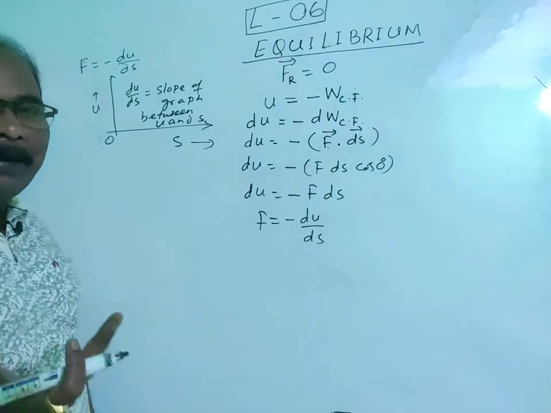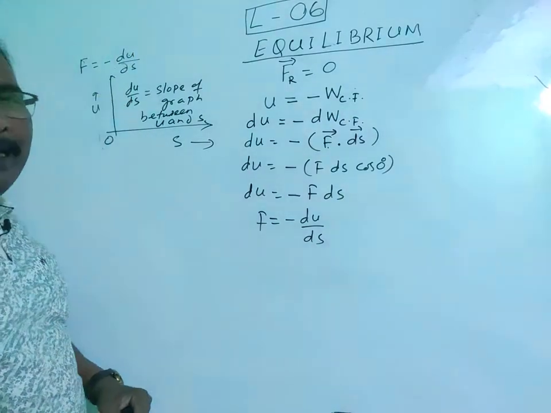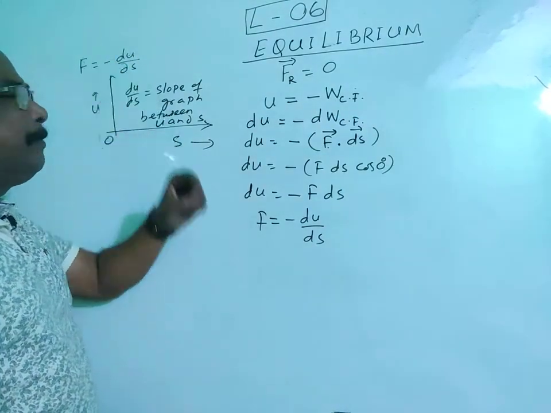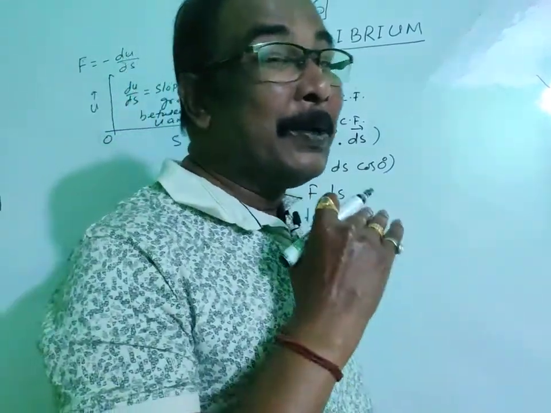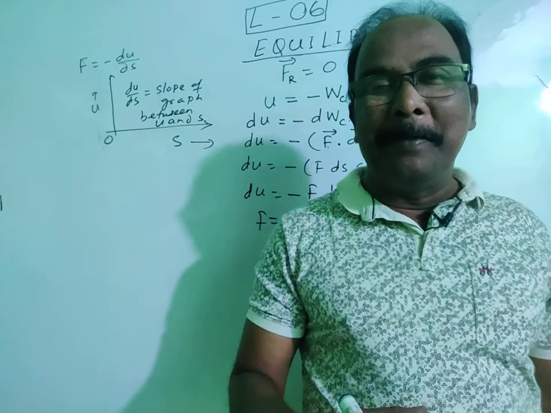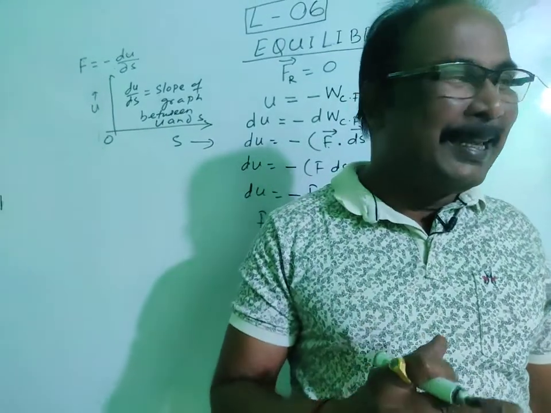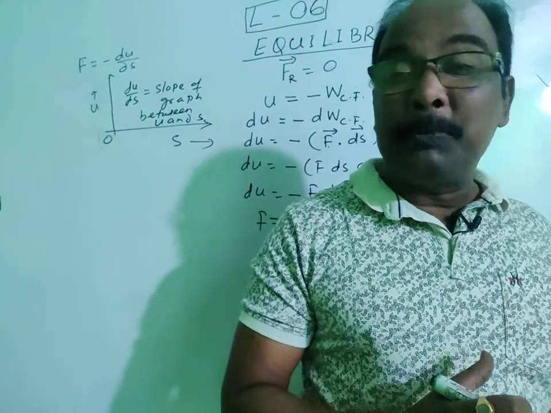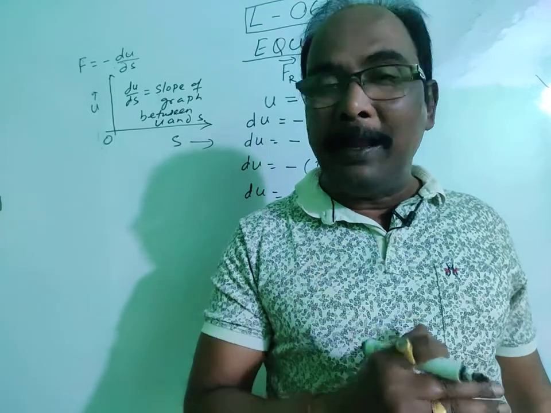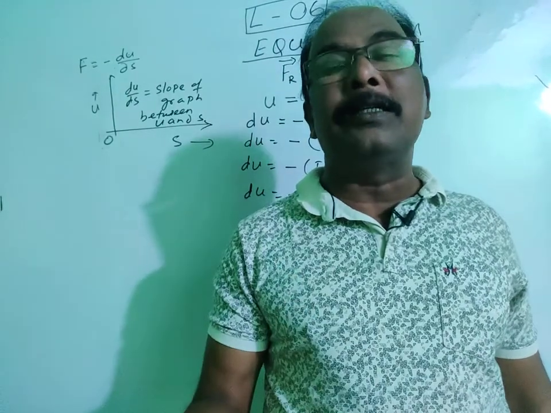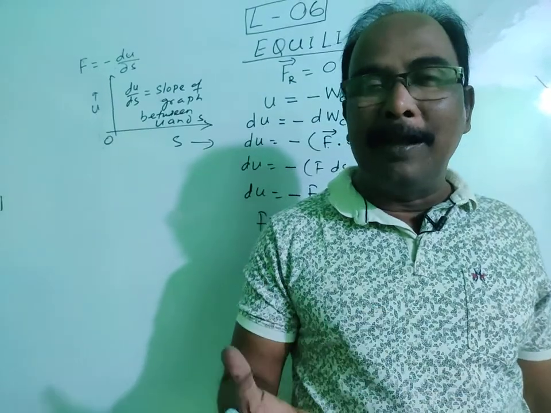Potential energy versus displacement. So conservative force is equal to minus the slope of the graph U versus s. The expression for conservative force is minus dU by ds, and dU by ds is the slope of the graph between potential energy and displacement.